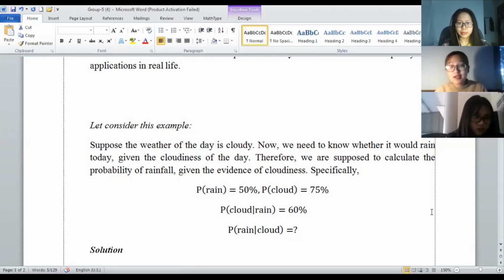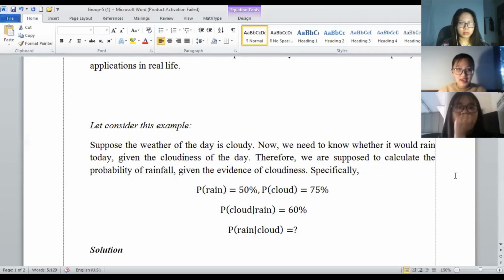Now, from the above formula, we can find the probability of rain given cloud. That means if the weather is cloudy, we can find the probability of the rain. Just by applying the above formula, we can get the answer.